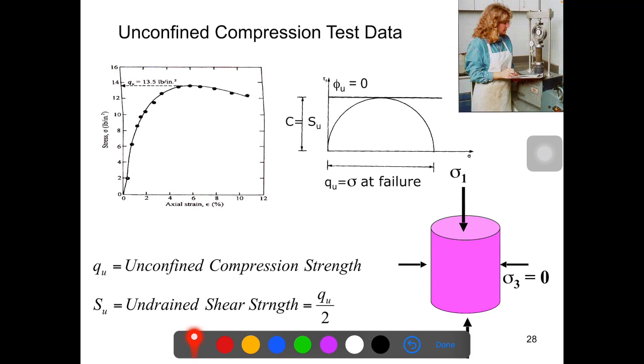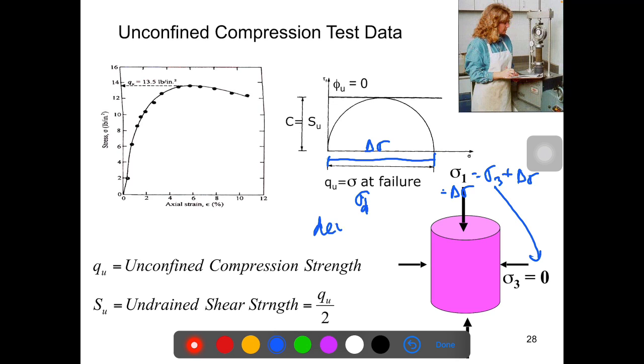So we only have sigma 1. Sigma 1 equals sigma 3 plus delta sigma, but sigma 3 is 0, so sigma 1 is equal to delta sigma, which is the deviator stress, or sigma d.